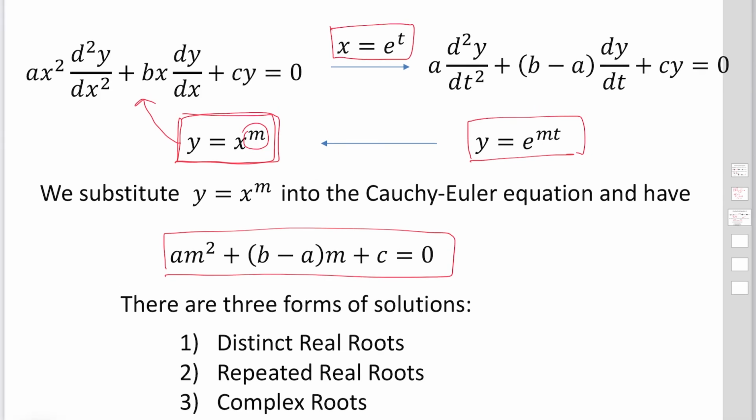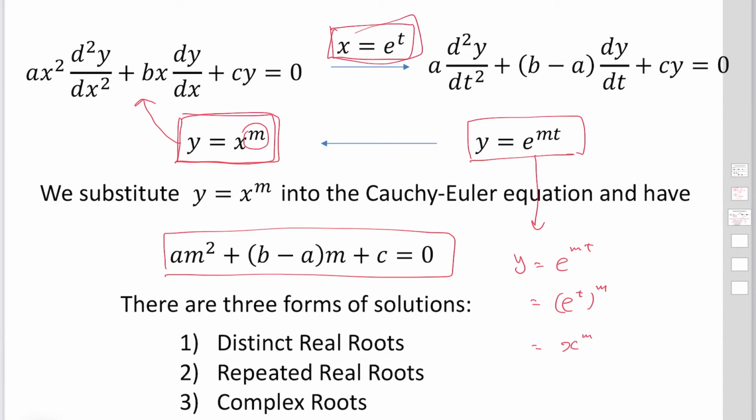Also, if you know x equals exponential t, then y equals exponential m t is exponential t to the m, and exponential t is equal to x, so this is x to the m.